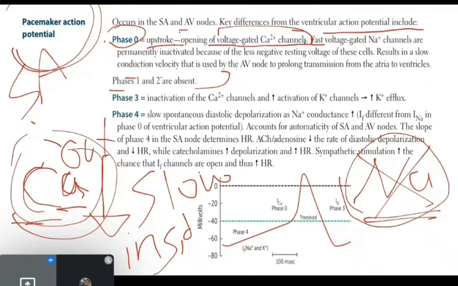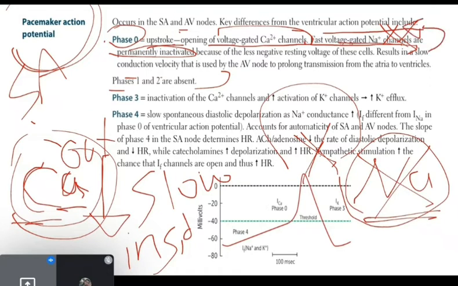Sodium channels are inactivated, because sodium channels are fast and the action potential would happen fast, so we don't need this action potential to happen in a fast way. We need it to transmit slowly. We need to transmit this signal slowly, so we don't need the sodium channels.